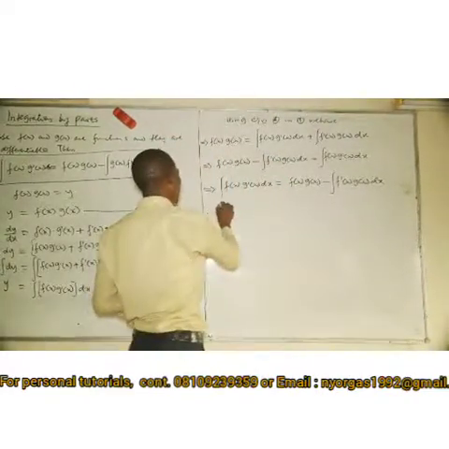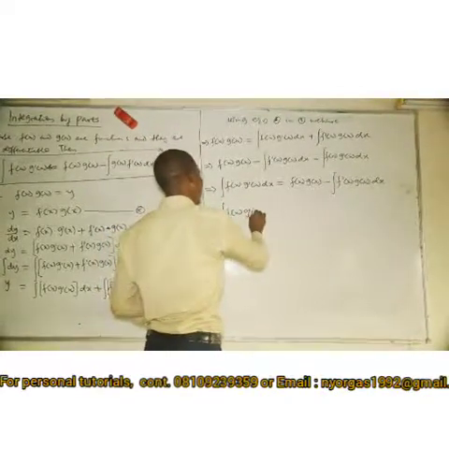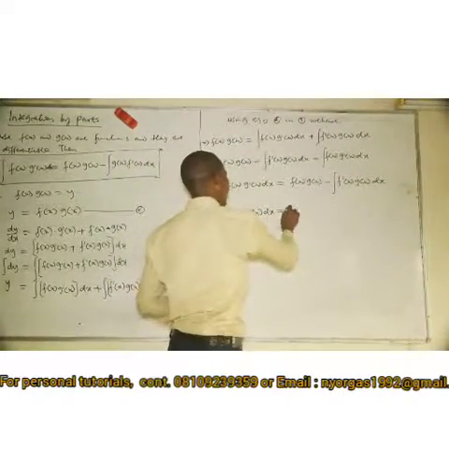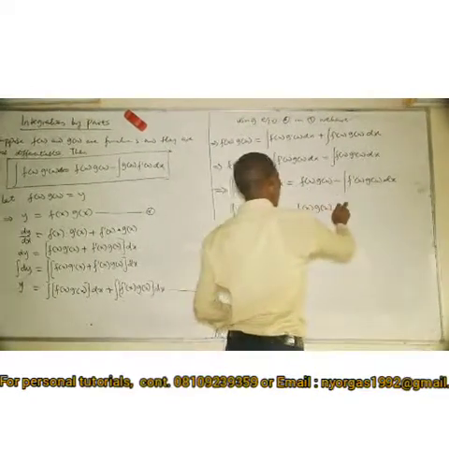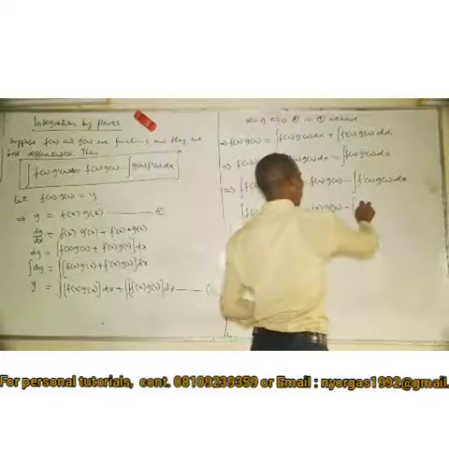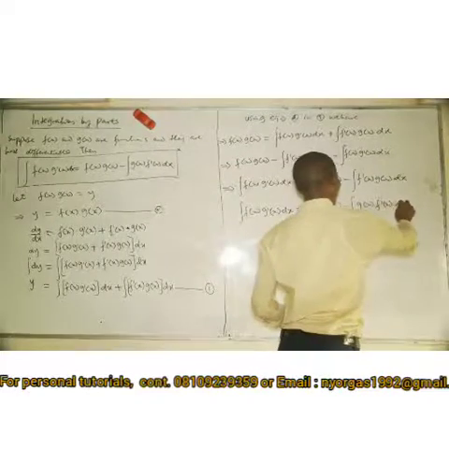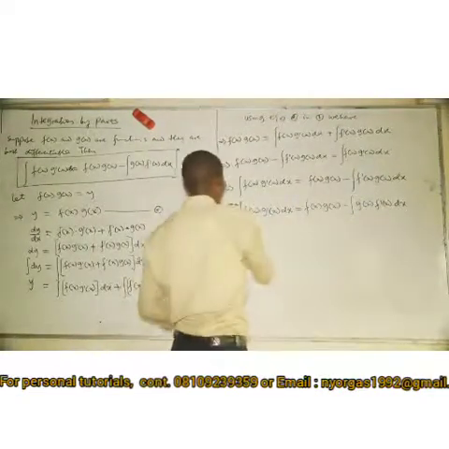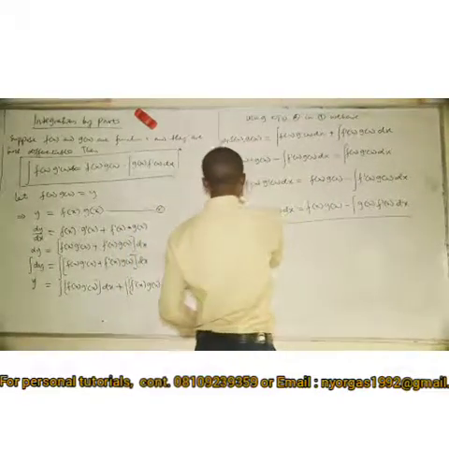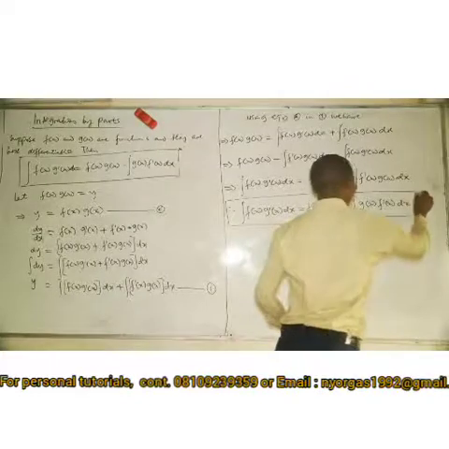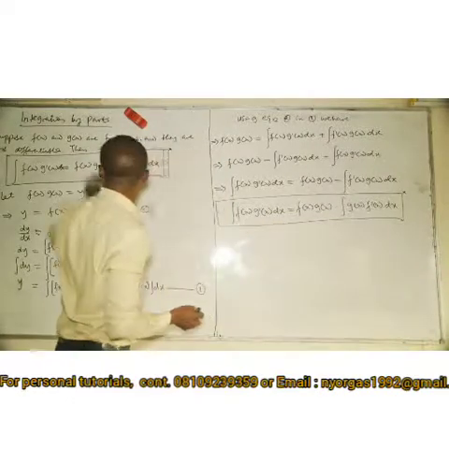So we now say therefore the integral of f of x g prime of x dx is equal to f of x g of x minus the integral of g of x f prime of x dx. Now we have shown that this is equal to this. Now we have proved this.